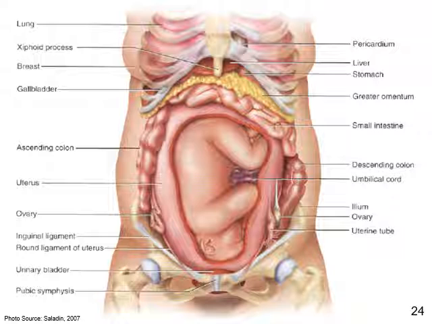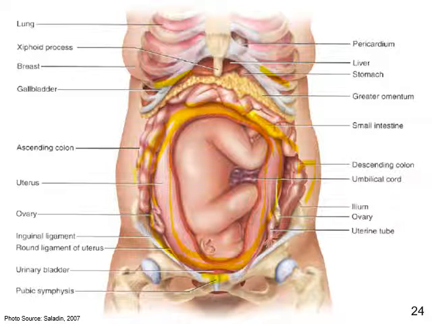Here is a cartoon of a developing baby fetus inside the myometrium, the well-developed uterine myometrium, and you can see how much the lungs are being impacted, how much the bladder is being impacted, and the digestive system, the large and small intestines are being pushed aside as the baby grows and develops.